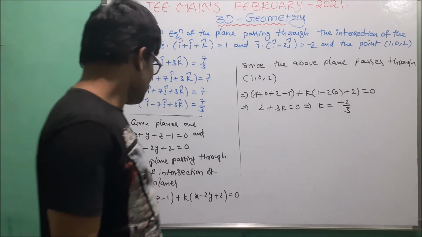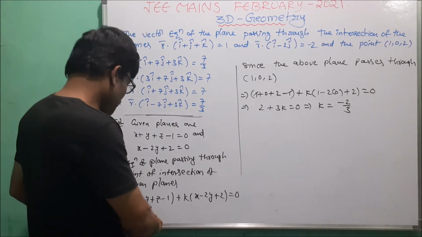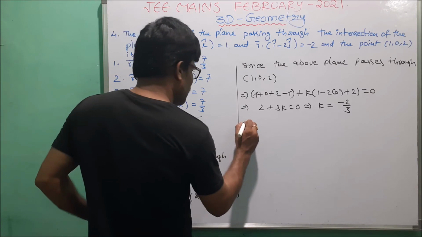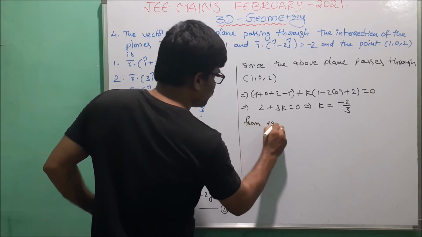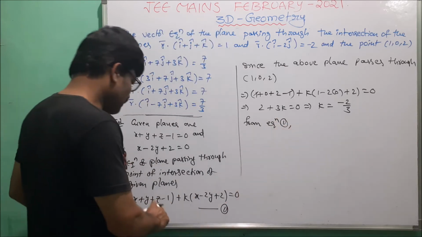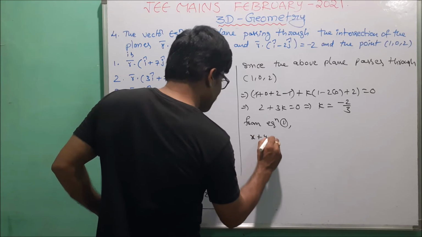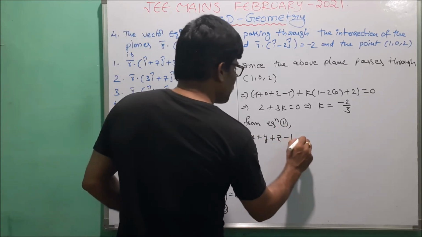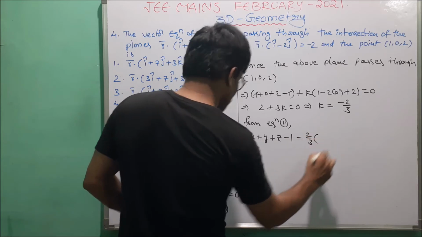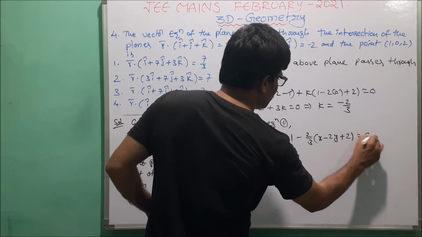Now we substitute minus 2 by 3 in the required plane. Let it be taken as equation 1. From equation 1, substitute the value of k: x plus y plus z minus 1 plus minus 2 by 3 into (x minus 2y plus 2) equal to 0.